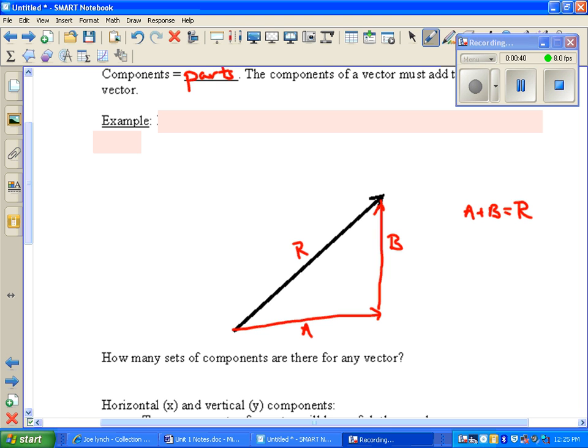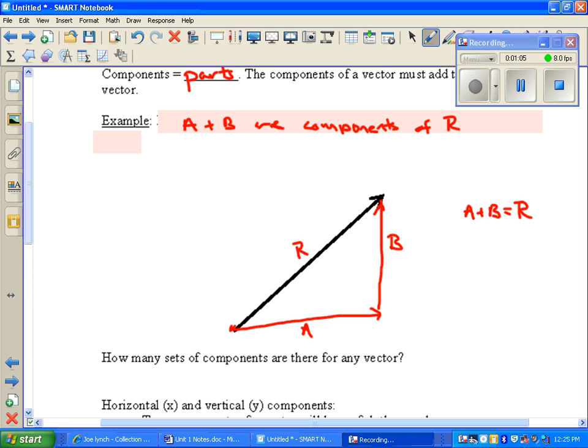They're tip to tail, so I draw them tip to tail, then connect from the origin to the end of the vector I drew. So R is the sum of A and B. So A and B are components of R.